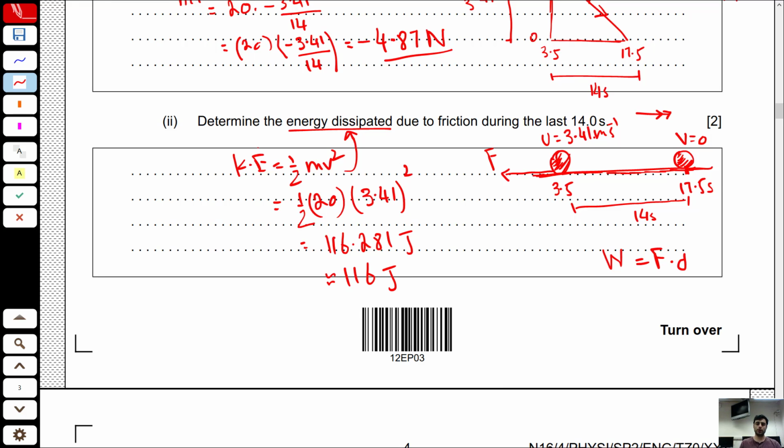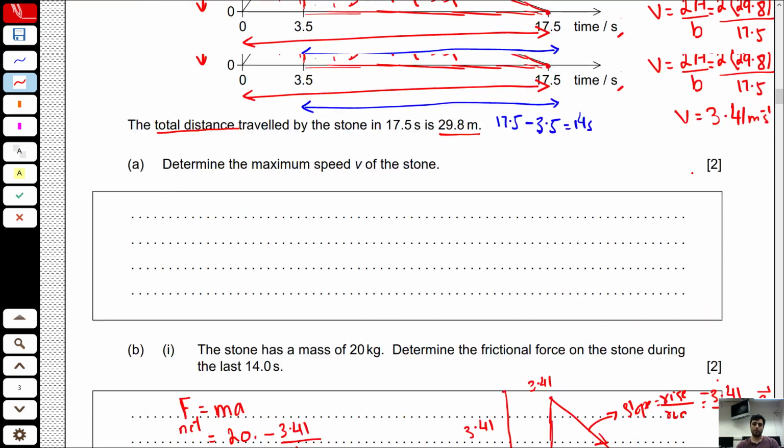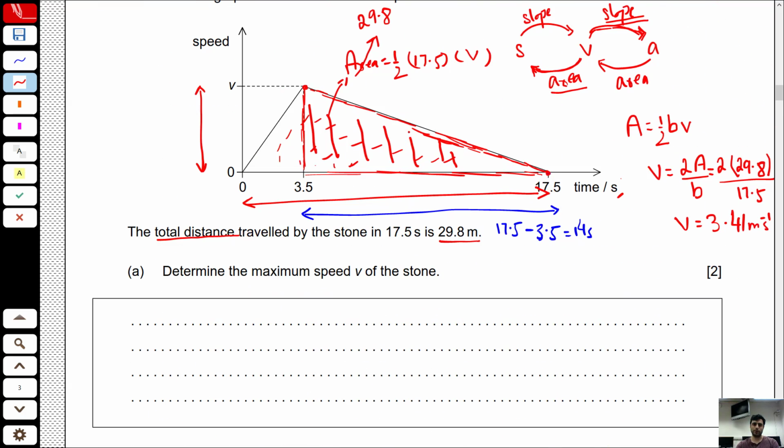So I repeat, you can solve this question in two ways. You can either find the work done against the frictional force, which is frictional force times the displacement, and that work done against the frictional force is ultimately dissipated into another form of energy. But in order to use this method, you need to find the displacement or the distance moved during the last 14 seconds, which you can do by finding the area under the graph during the last 14 seconds.